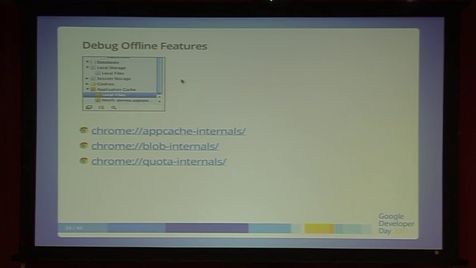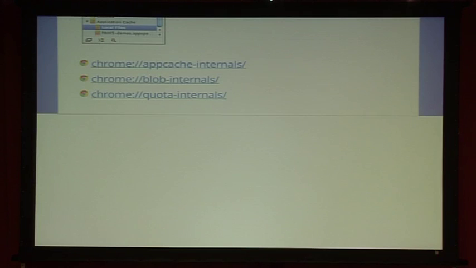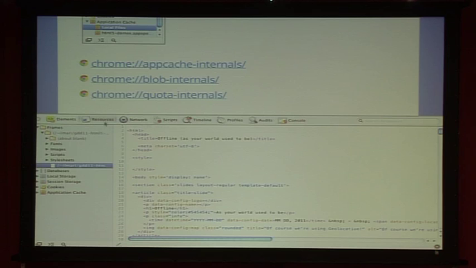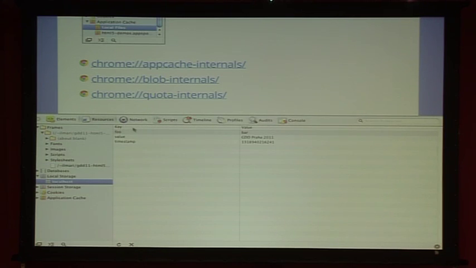And there are some nice offline features in the Chrome developer tools, which I will try to show now. So in the resources pane, you have all the different local storage. We should have something there. Okay, we've got the foo and the text input values.